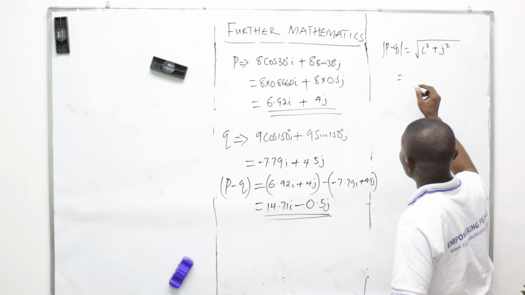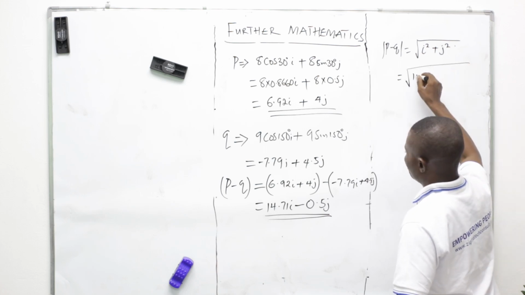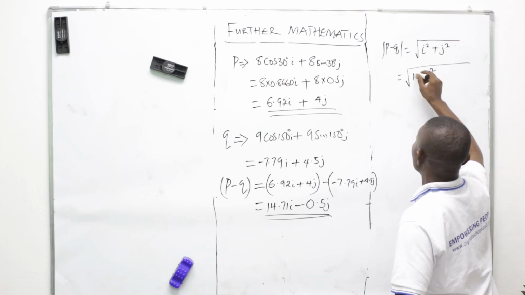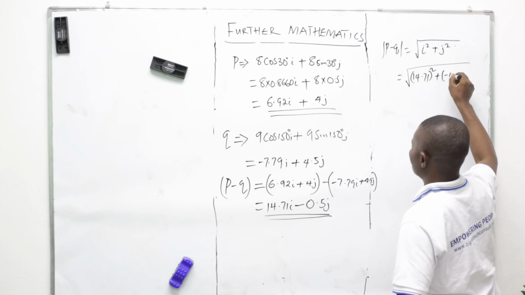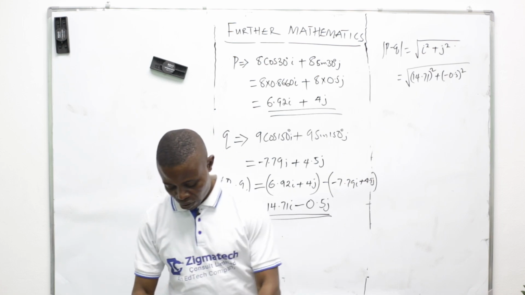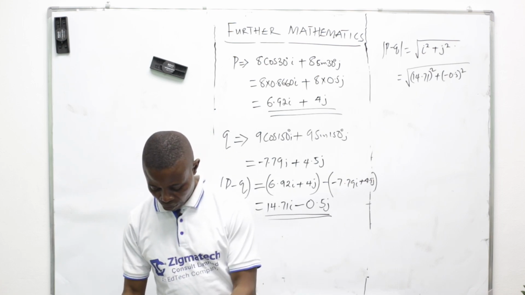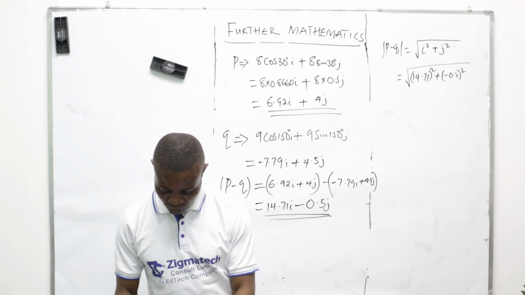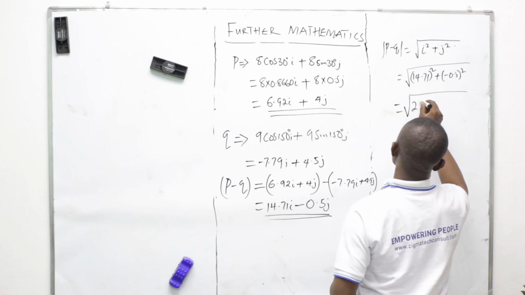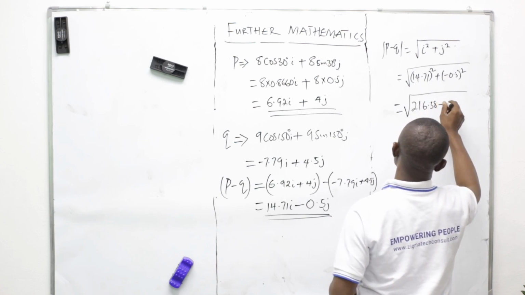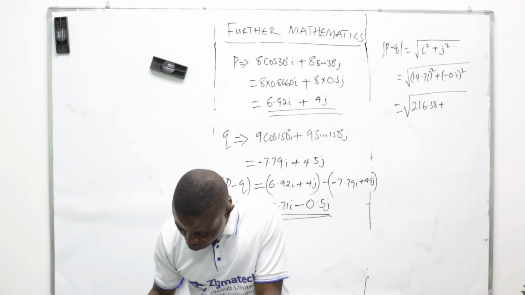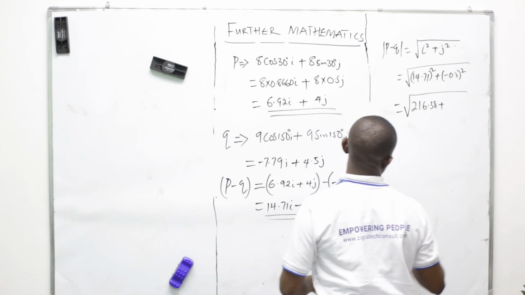This will give us root 14.71 all squared plus minus 0.5 all squared. 14.71 squared is 216.38, then 0.5 squared is 0.25.